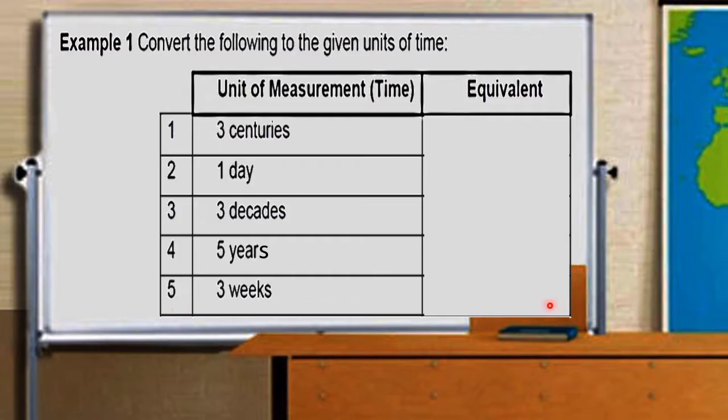So may 21 days sa 3 weeks, and then in 1 day, merong 24 hours. So we need to multiply 21 days times 24 hours to get the answer for the question number 5. So our answer is 504 hours.